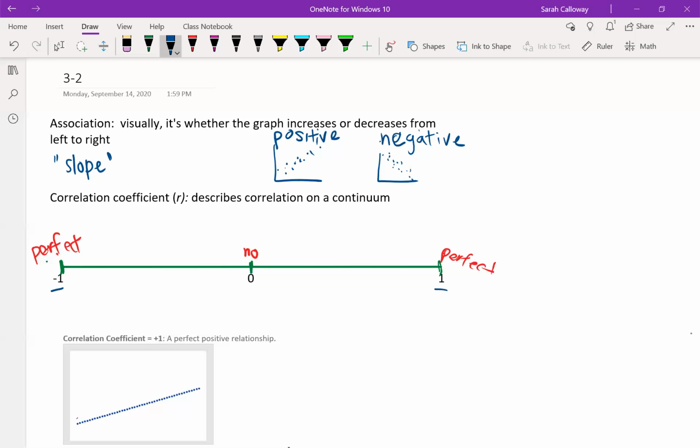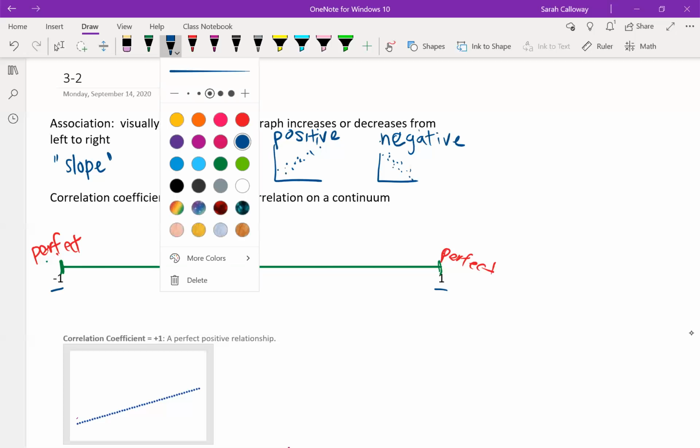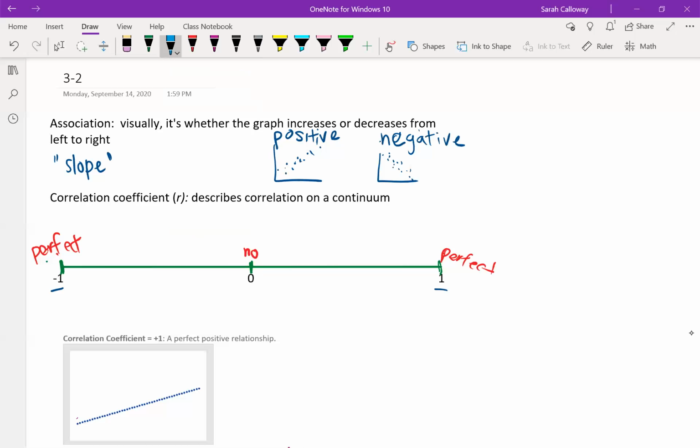So there are no hard and fast rules about the different words that we're going to use to describe the correlation. Remember that if it's 0, there's no correlation. Numbers that are closer to 0, we would call a weak correlation. As we move closer to 1, it's becoming more strong.